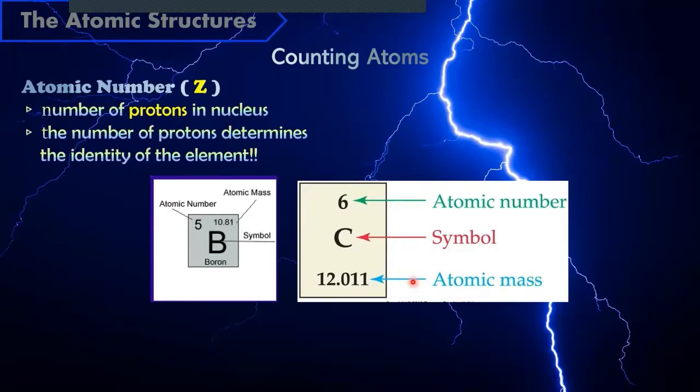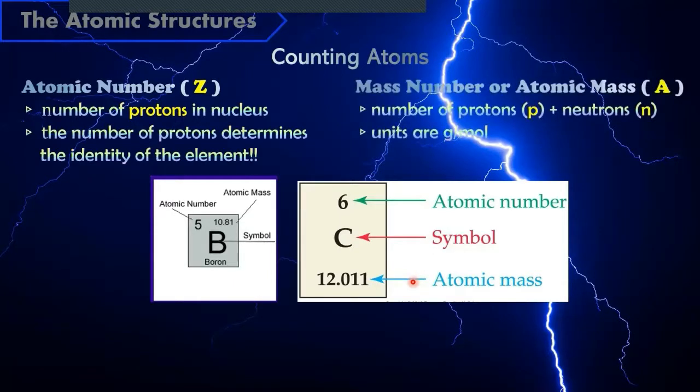On the other hand, atomic mass, also called mass number, is denoted by capital letter A. Please be careful and take note of their symbols.